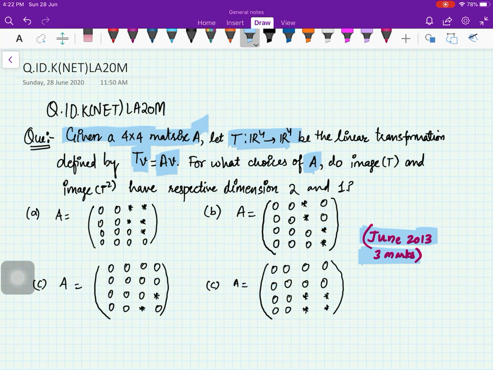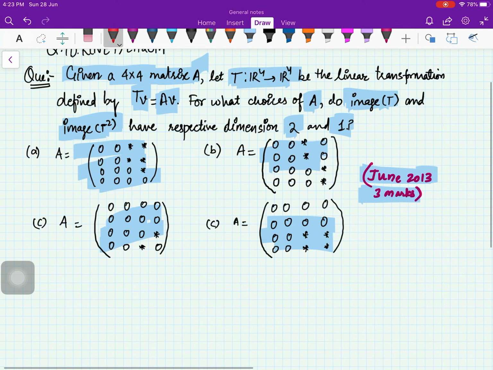For what choices of A do the image of T and the image of T square, T being the map, so we can talk about image of T, have the following dimensions: image of T should have dimension 2, and image of T square should have dimension 1. These are the possible choices of A: option A, B, C and D. Here star means non-zero entries and everywhere else is 0.